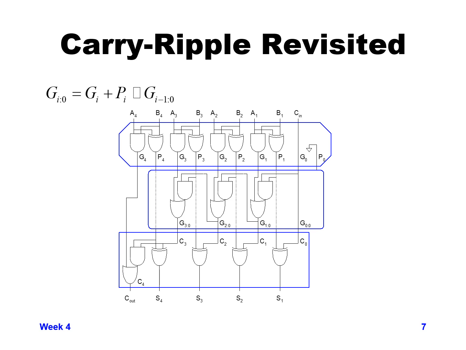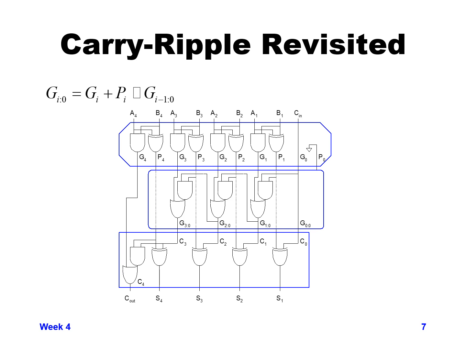If we go back 2 foils ago, we had the equation that G of I colon 0 would be G sub I ORed with P sub I ANDed with G sub I minus 1 colon 0.